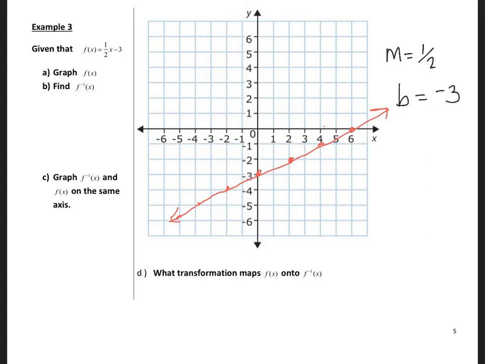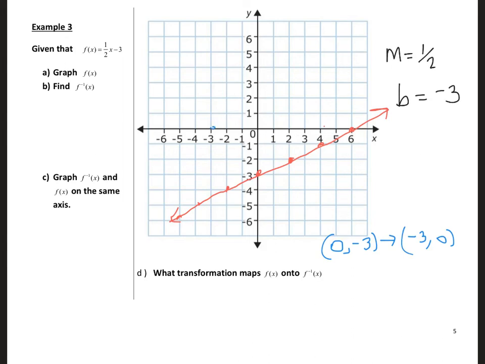And then I'm going to find the inverse, and I want you to see what I'm going to do here. You're going to see when you do it this way, it's very easy. I'm going to take the points which I'm given. For example, I have 0, -3, and the inverse of that is going to be -3, 0.